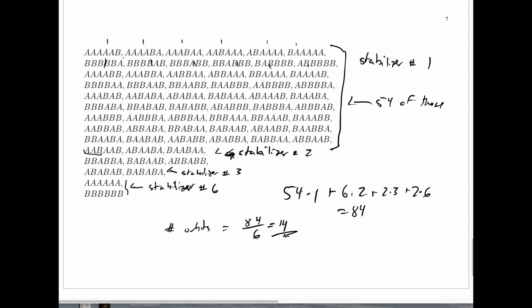So we're not done yet with the whole Polya-Redfield method, but what we have is a way to compute the number of orbits by adding up the stabilizer numbers of all the strings and dividing by 6, the length of each string. In future lectures we'll find a different way to compute this exact same quantity, and this different way will end up being much more efficient.